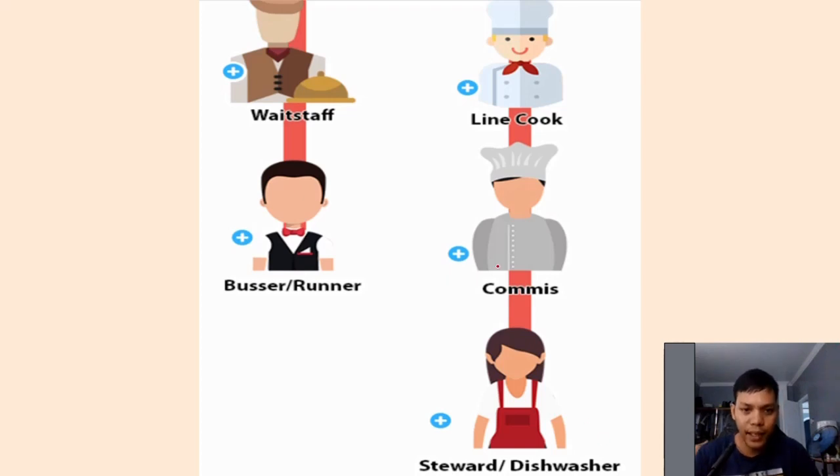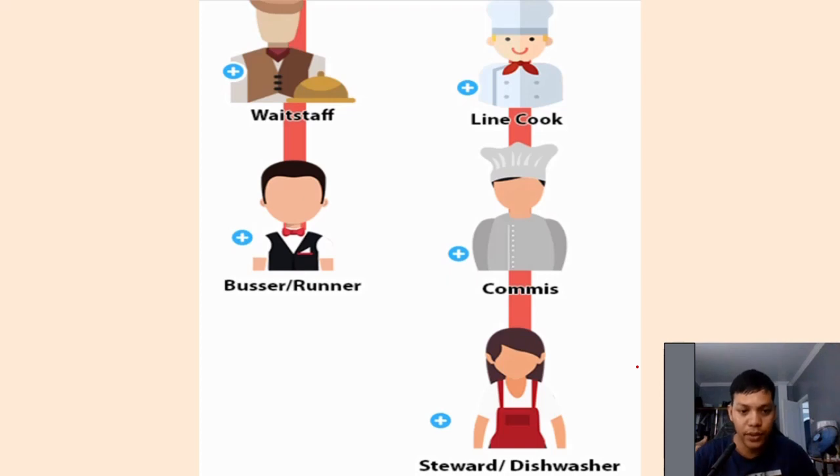And lastly, under the commis, we have the steward or dishwasher. So the duties of the dishwasher, they will make sure that the kitchen equipment and utensils are clean and ready for service, and conduct the inventory of cleaning chemicals and equipment, maintain cleaning equipment, check dining equipment and utensils for breakages and defects, and they will also ensure that the food scraps and kitchen wastes are disposed of as well.